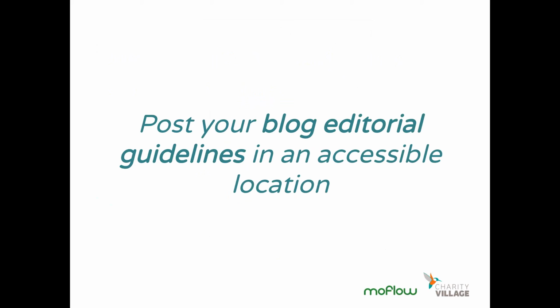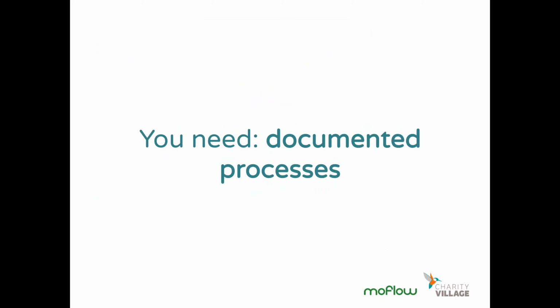So related to the guidelines and keeping things streamlined, I think that you need documented processes to keep blogging manageable. As you start to get into the swing of the different tasks you need to do as a blog managing editor, think about formatting your posts, or creating custom images for posts, or planning your social media shares.